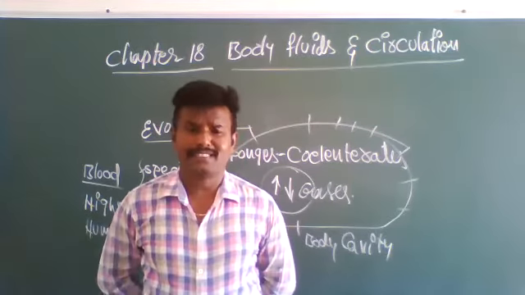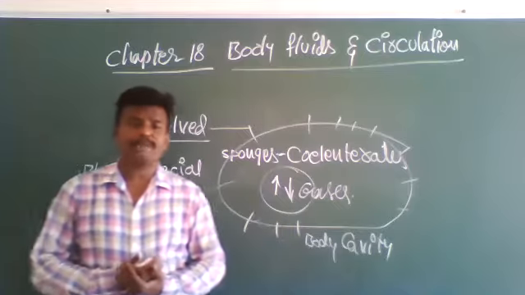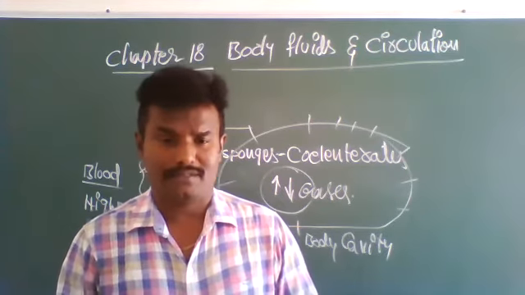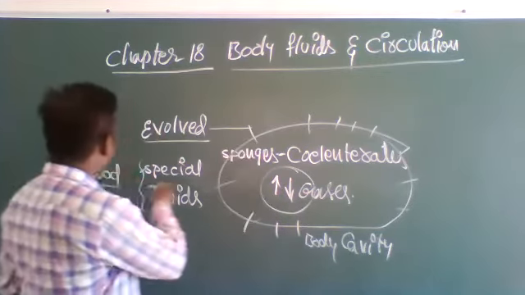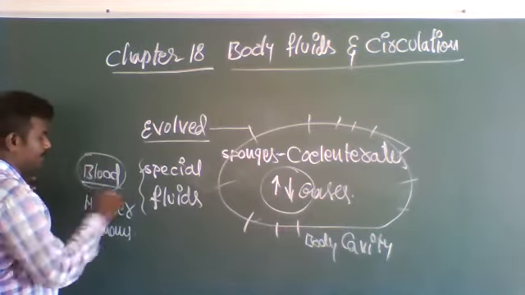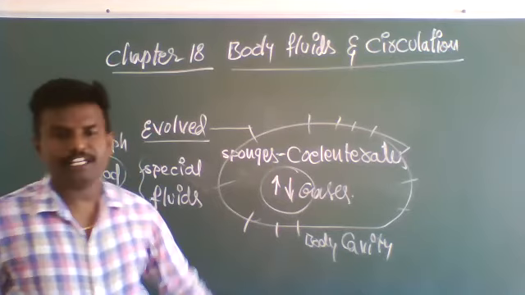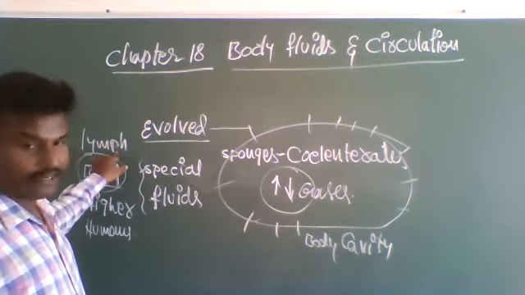In this chapter, mainly we discuss the composition and properties of blood, and also of lymph.